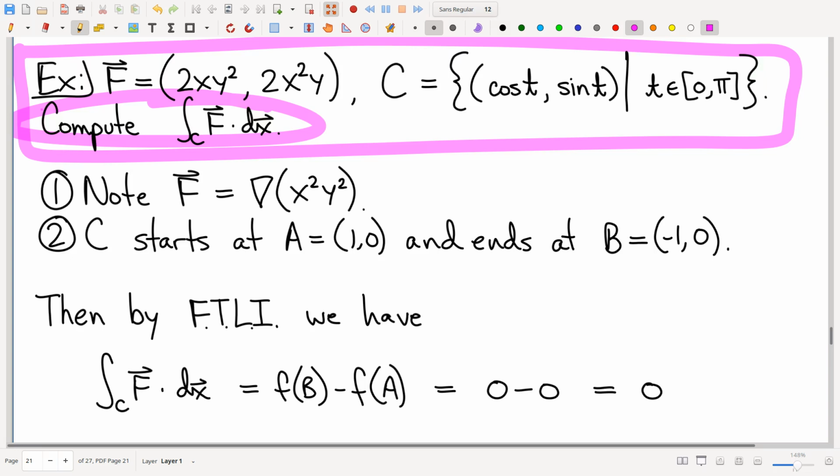Now, I'm going to point out, though, that this being parameterized, keep in mind that means that this is your x, and so each one of these x's over here is actually a cosine. It's a little annoying. And this is our y. That means that each one of these y's is actually a sine of t, and so there's actually a bunch of trig inside of that vector field, which is not something we're really looking forward to, all else being equal.